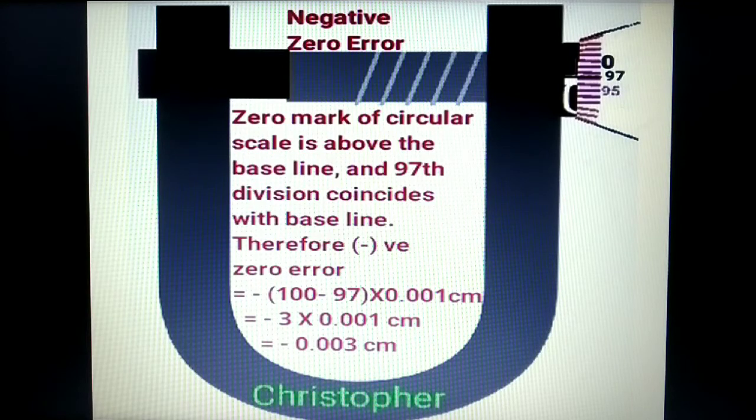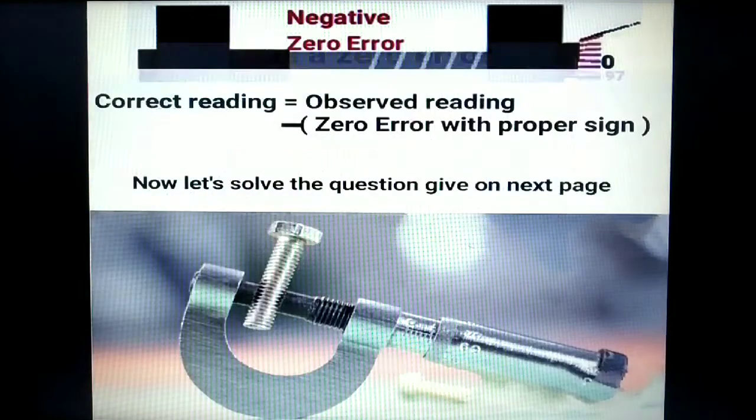We have to subtract the 97 from the total number of divisions on the circular scale, and since the total number of divisions are 100, so we'll write minus inside bracket 100 minus 97 into the least count, which is 0.001 centimeter. So it is minus 3 into 0.001 centimeter, that is minus 0.003 centimeter. So the negative zero error is minus 0.003 centimeter. Be careful to put the minus sign.